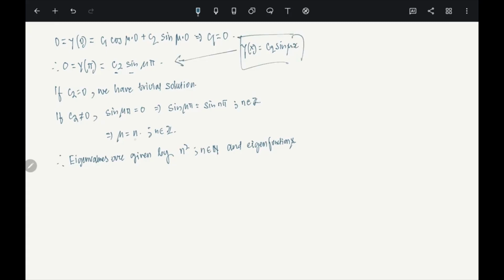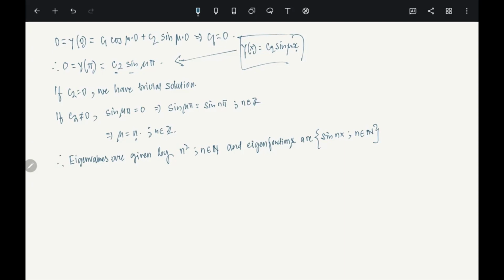So now if mu equals n, the function which satisfies this is constant times sine of nx, but the constant can be 1 also. Any constant multiple is fine. So the eigenfunctions are given by sine nx, and n can be in N or Z, it doesn't matter. It's basically the same thing.